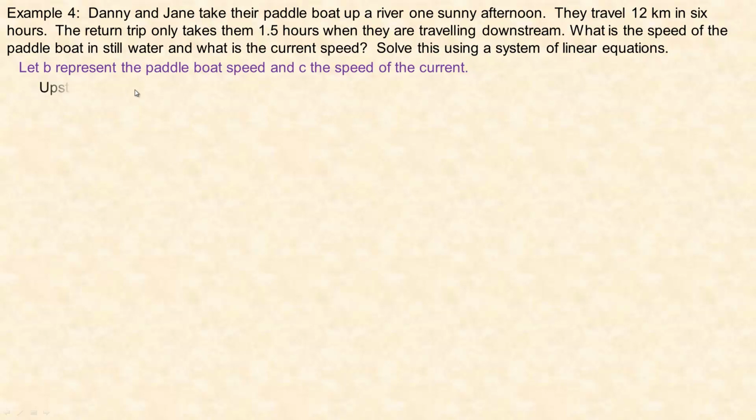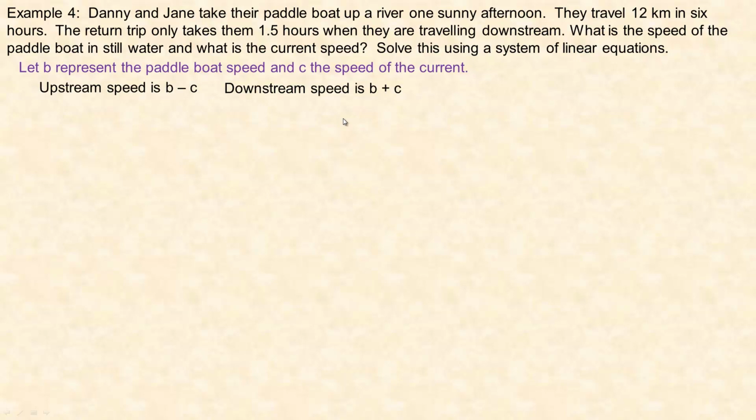In order to get the equations, we're going to figure out, in terms of these variables, the speed of the paddle boat going upstream and downstream. This is kind of like riding a bicycle. Riding with the wind allows you to go faster because it's pushing at your back.